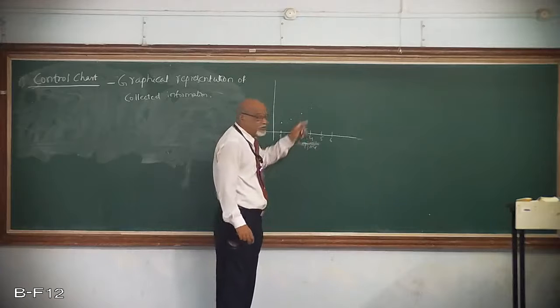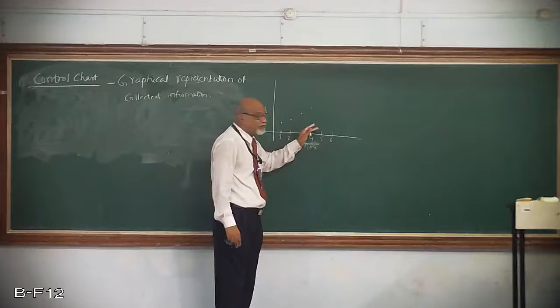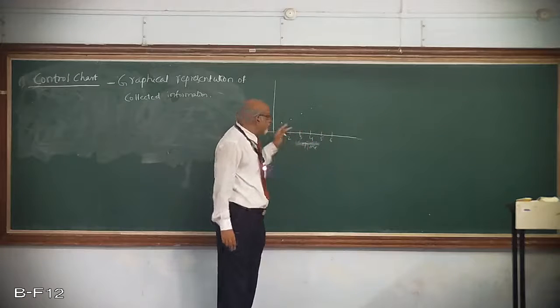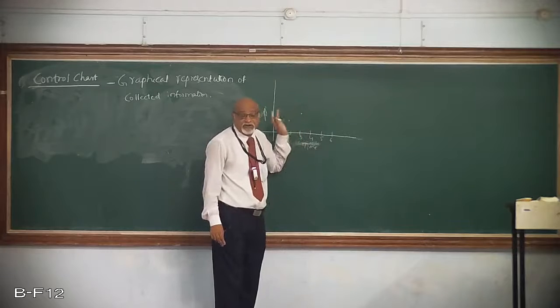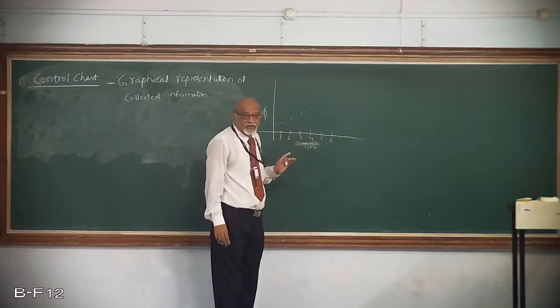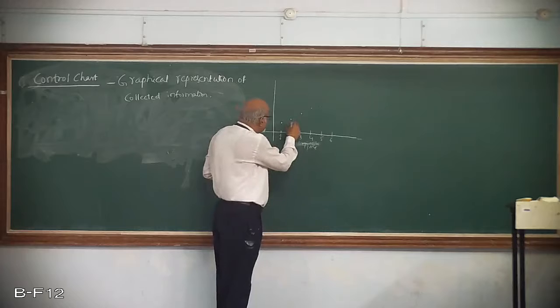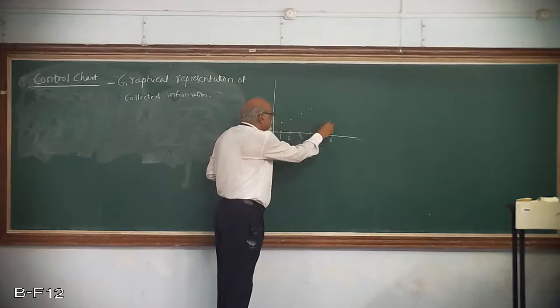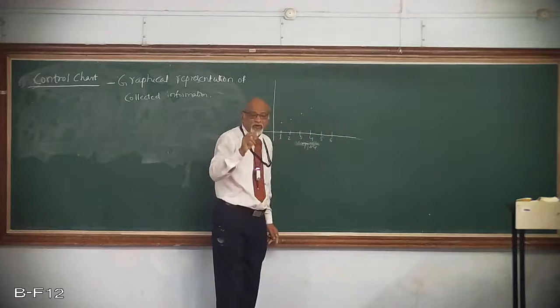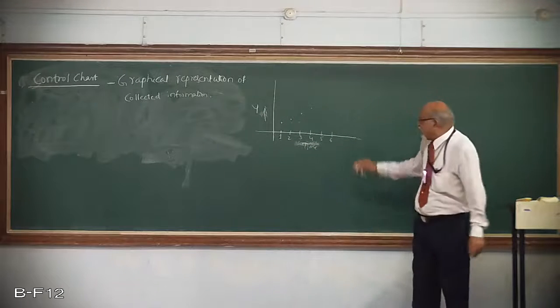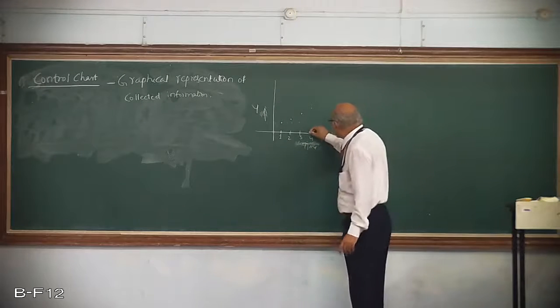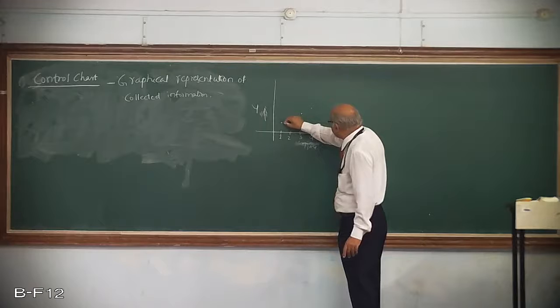What is happening now? As the time passes, this value, whatever I am connecting, it will go on increasing. But what it should have happened? Irrespective of the time, it should have remained same. It is not happening. That is what is expected normally. That means I know that the moment it comes to this one, it is increasing.